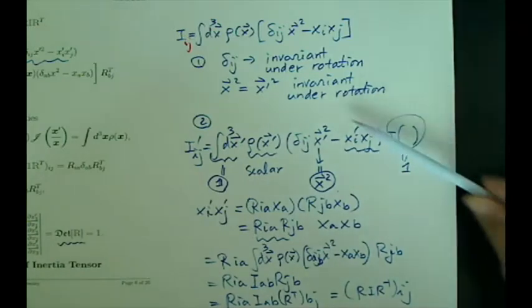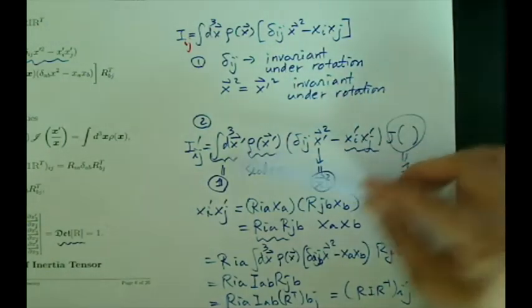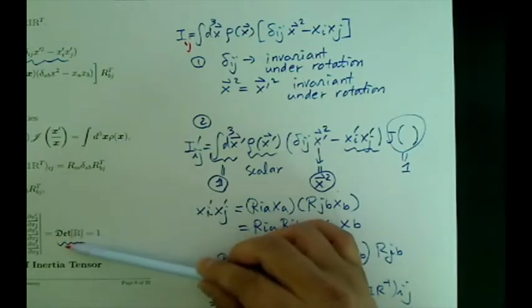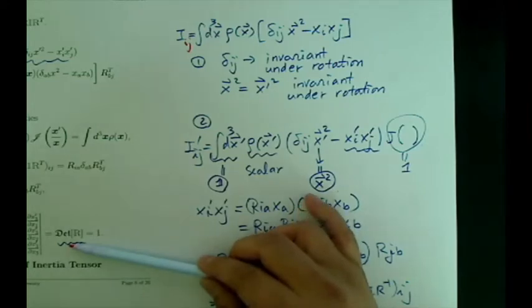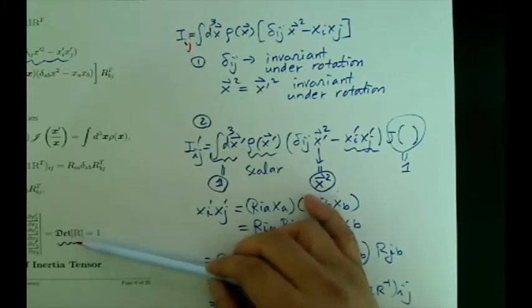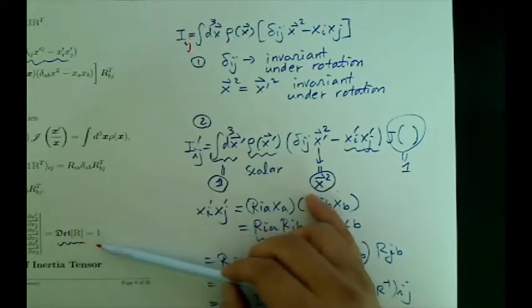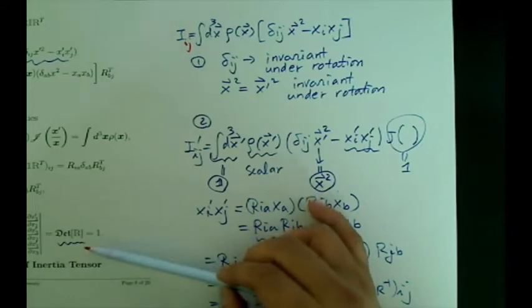But the Jacobian of this rotational transformation becomes the determinant of R. If we make use of a proper rotation that does not involve inversion, then the determinant of the rotation matrix R is just 1.